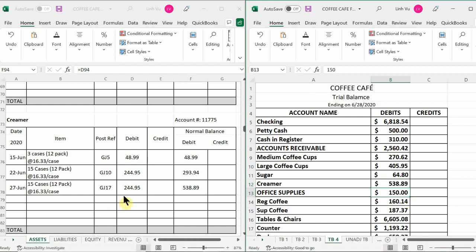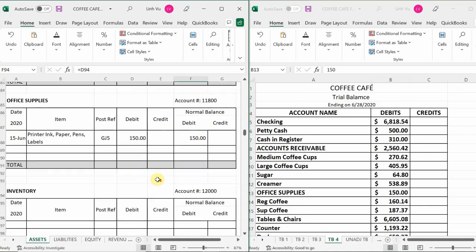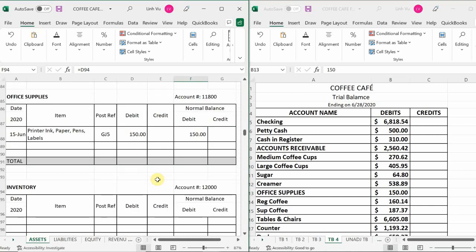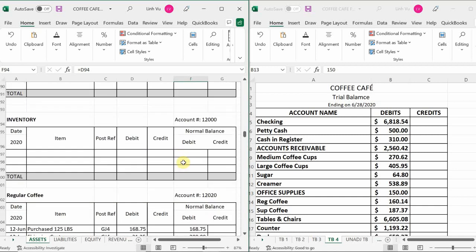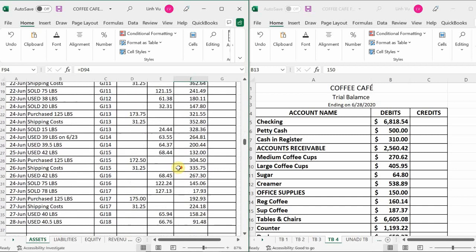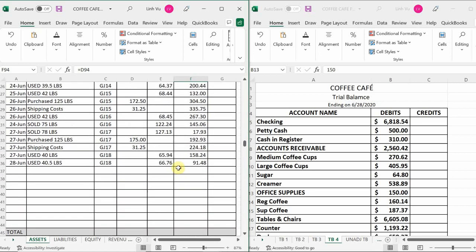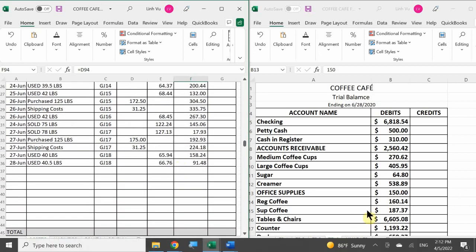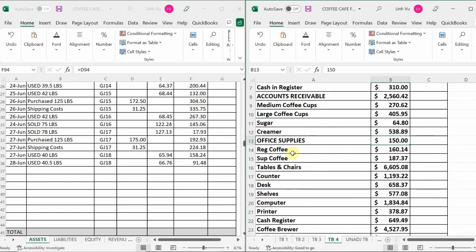$538.89. Okay. Office supplies is still at $150. Okay. Then we have inventory. What's my account balance in my regular coffee? $91.48.